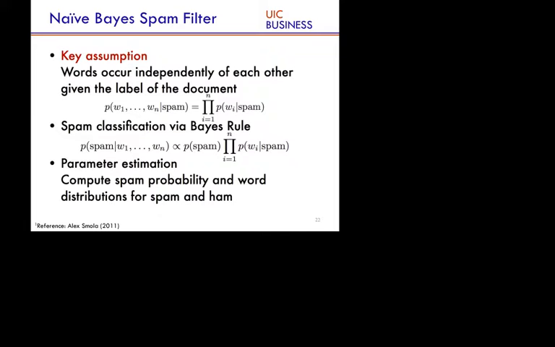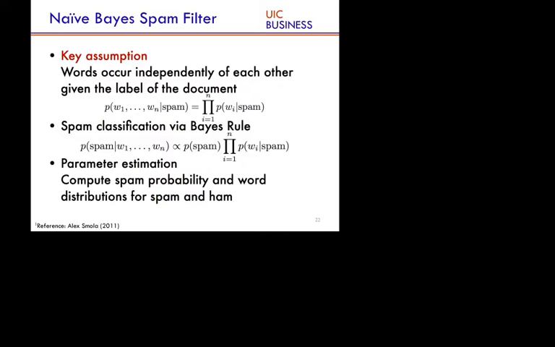What is the naive part of it? Let's say we are given a bunch of words, n words, as input, and I need to build a classification system that classifies this sequence of words as spam or not spam.